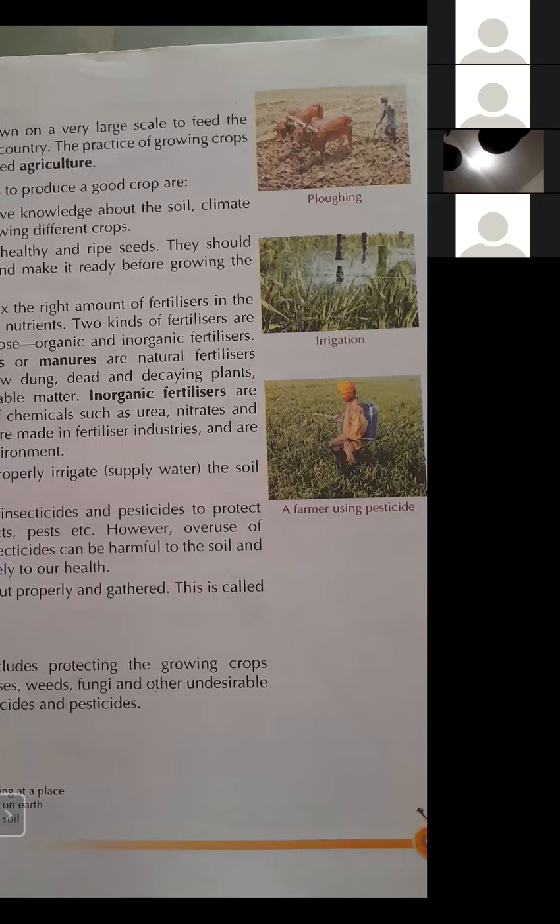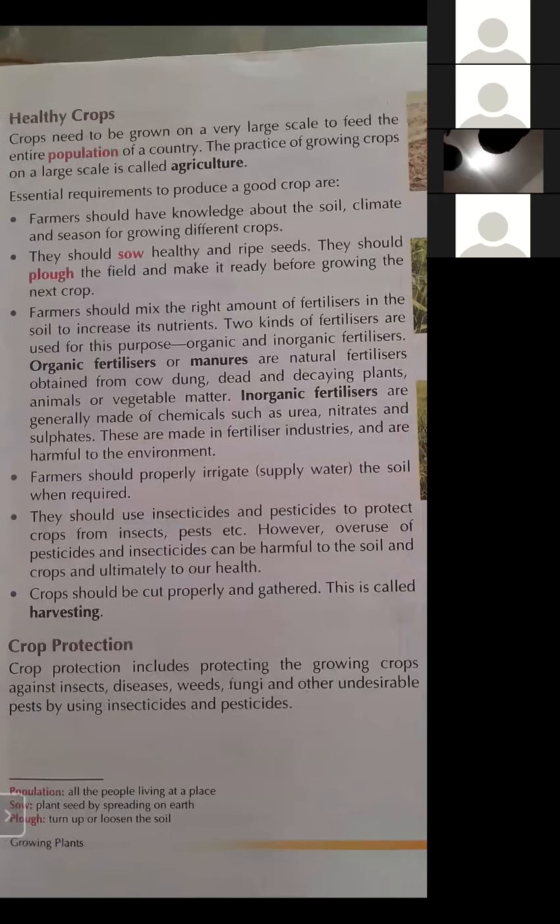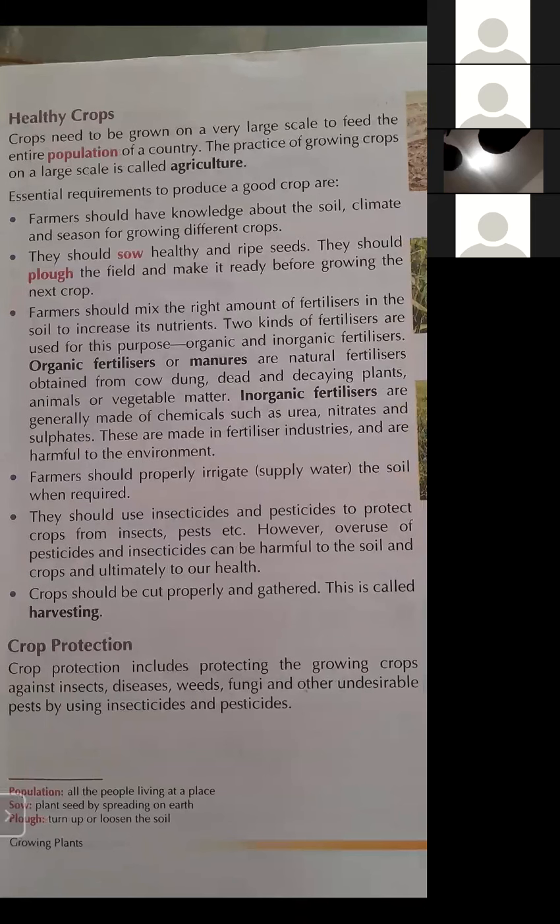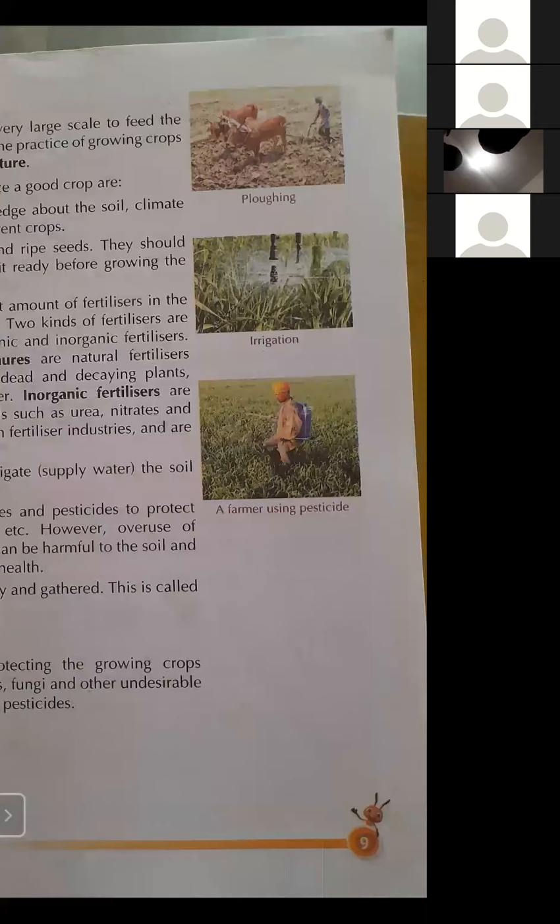So farmers should properly irrigate, meaning supply water to the soil when required. Unnecessary water supply should not be there. Only when there is a requirement of water in the soil should farmers supply water to the plants or to their crops.